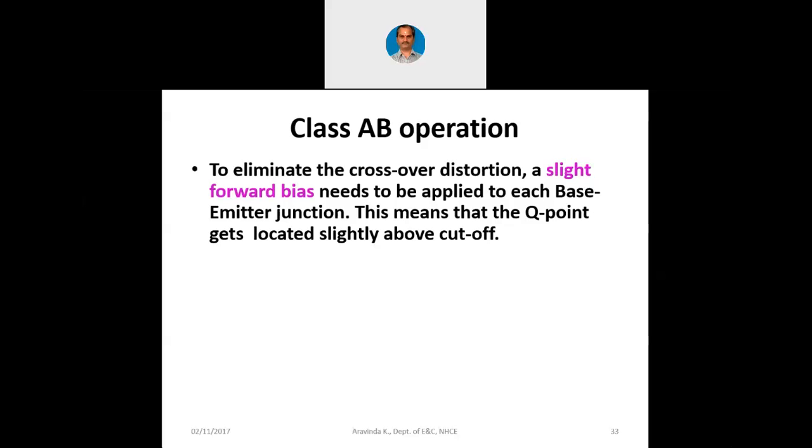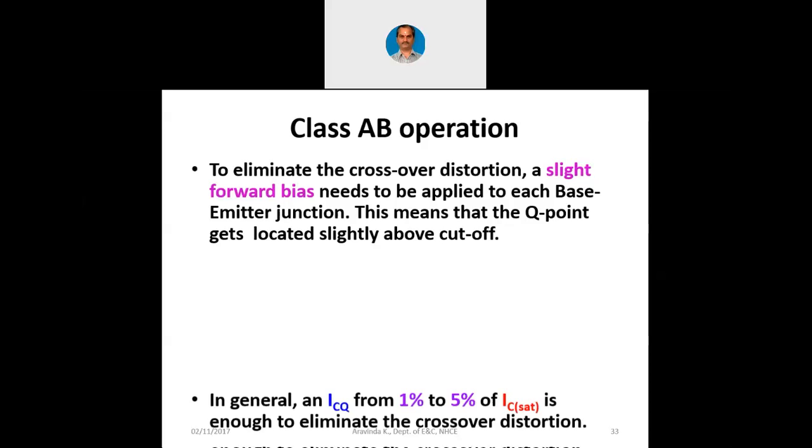In class A operation, the conduction angle was completely 360 degree. In class B, we have seen it is only 180 degree. But in this class AB operation, we want to overcome the crossover distortion. For that purpose, we apply a slight forward bias, and now the conduction angle will be slightly above 180 degree.